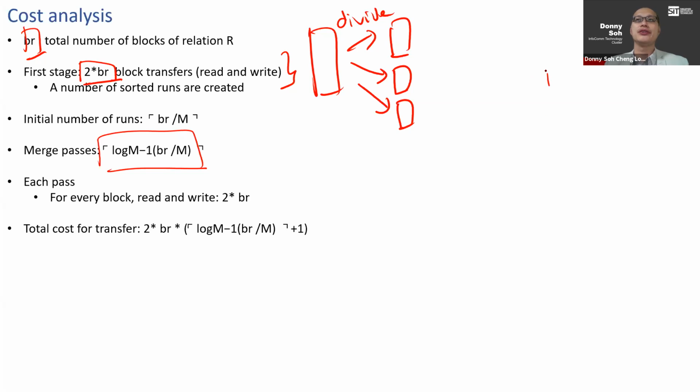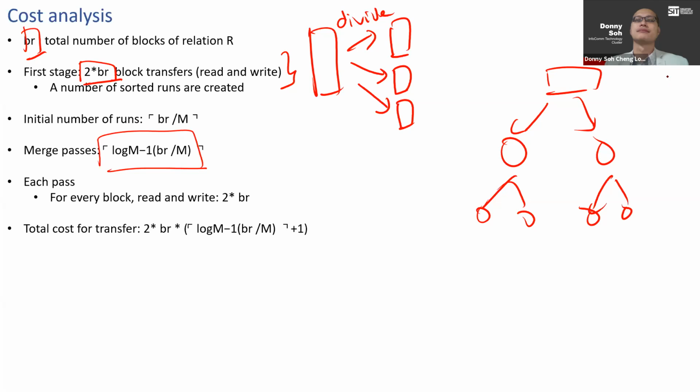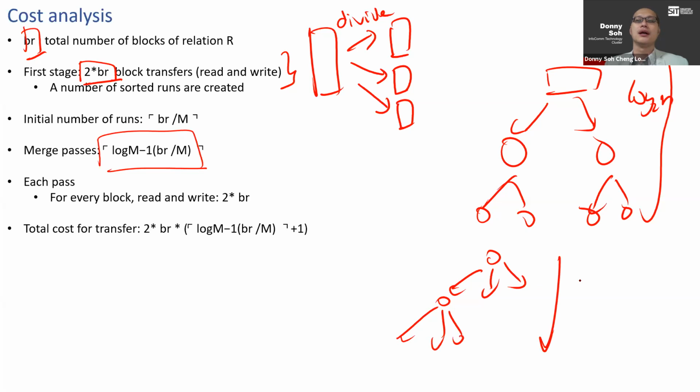How we can think about this is that for a binary tree, the height is log base 2 of n. For a ternary tree, the height is log base 3 of n. So for m minus 1 way merging, the base of the log is going to be m minus 1.